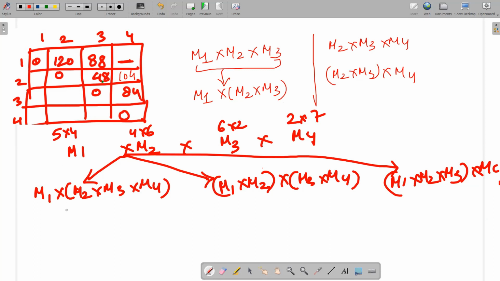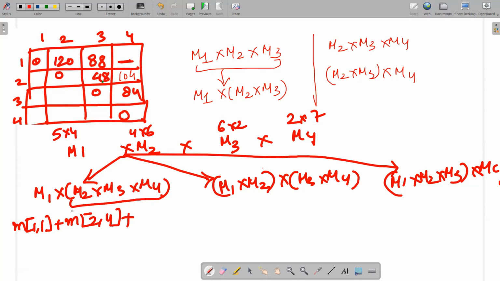So guys, M2, M3 and M4, we all know what the cost is. We have already calculated the cost of M2 and M4. So we have the cost as M11 plus M24, that cost we have calculated, and we have to calculate the cost of this particular thing.